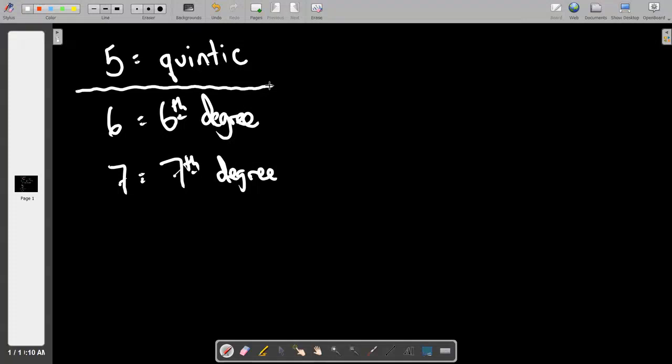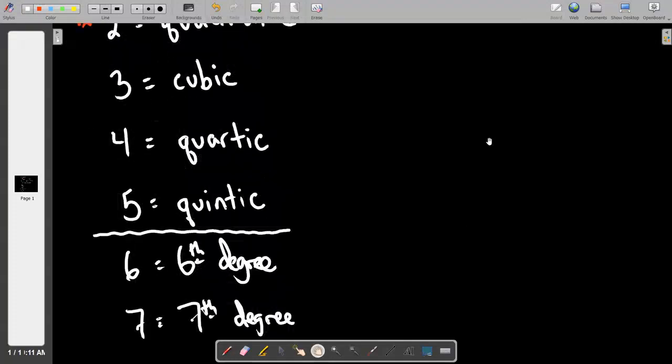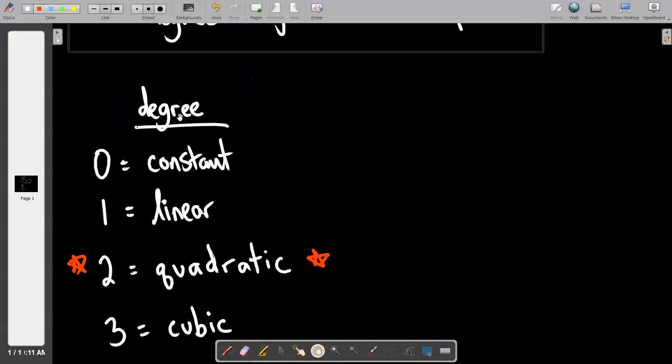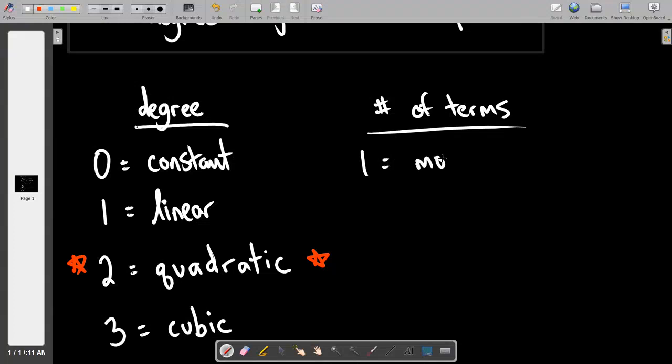Okay. Now for your second batch of words, we also have to define a polynomial by its number of terms. If a polynomial has one term, it's called a monomial.